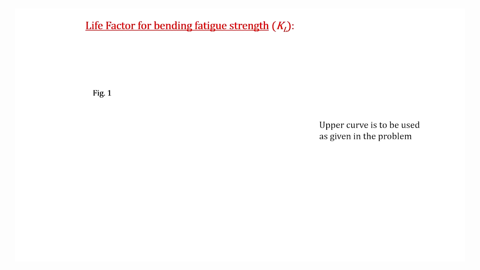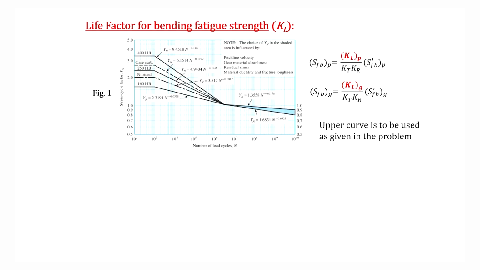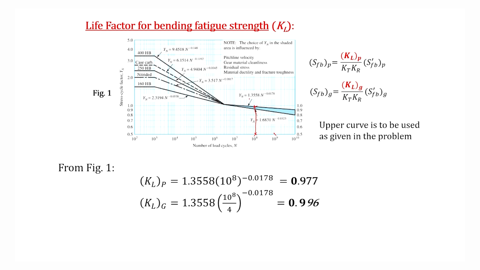So, reliability is 90%. Then the life factor is determined with the help of this figure, and in the problem it was given that the upper curve is to be used. So, this upper curve corresponding to 10 to the power 8 number of cycles will give you the value of KL, and so KL has this formula.